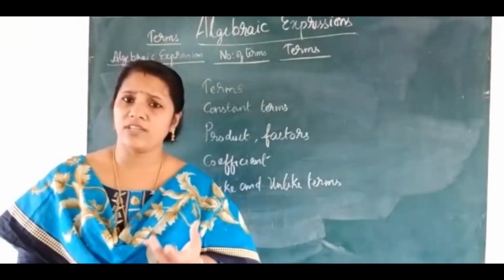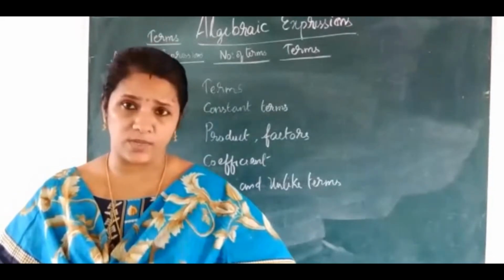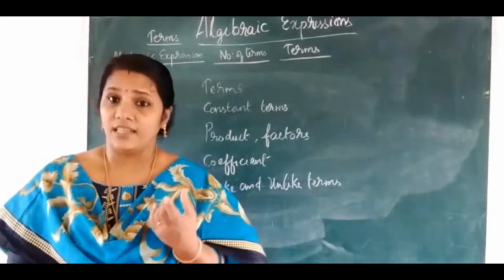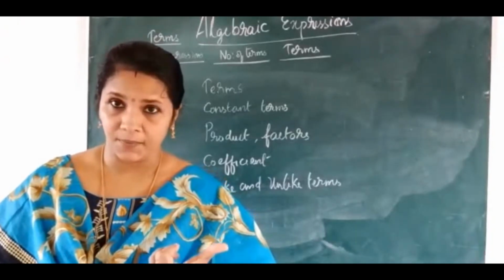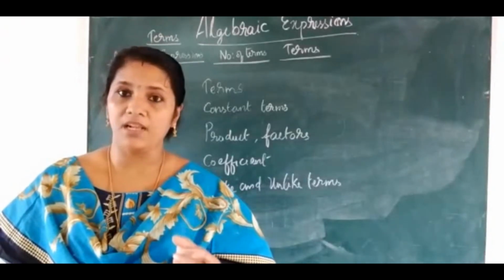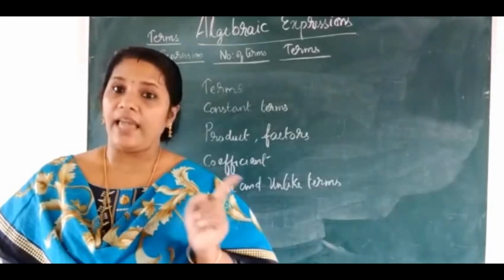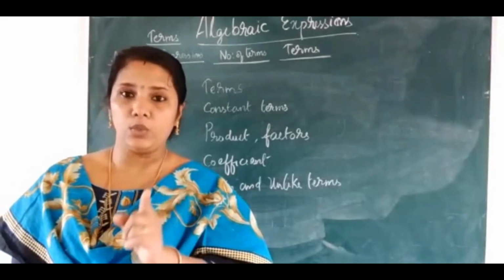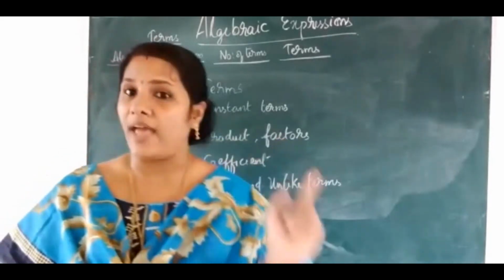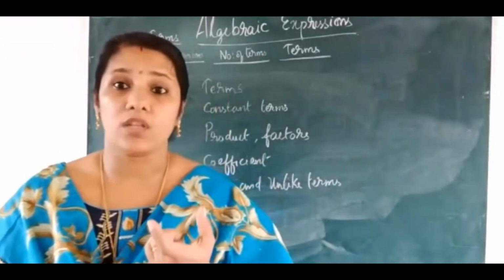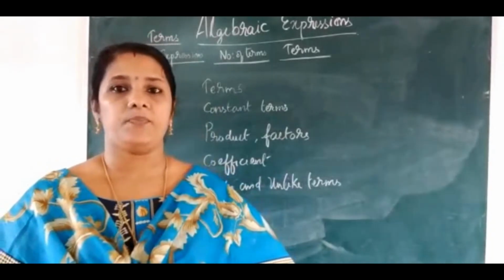Then product and factors, we can say it together, right? Consider any of the terms of an algebraic expression. We can write the term as the product of the factors. Say for example ABC, A into B into C. A, B and C are the factors of the term or the product ABC.